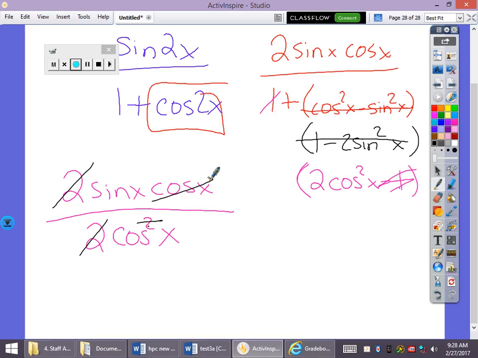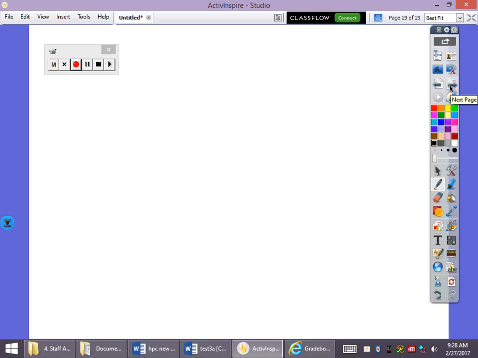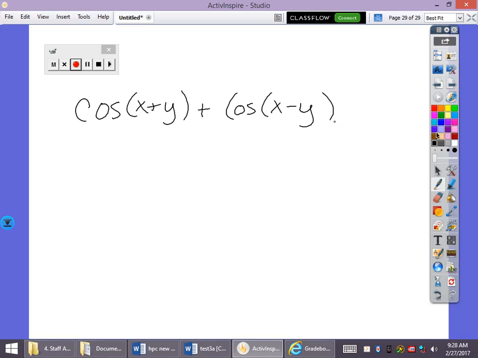Okay, let's see if we can get at least letter D done. Letter D is cosine of x plus y plus cosine of x minus y. What rule applies? Sum and difference.